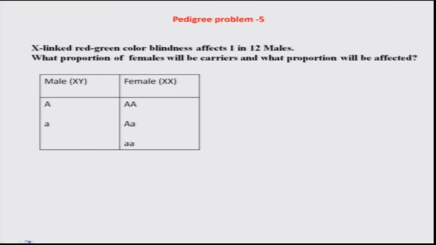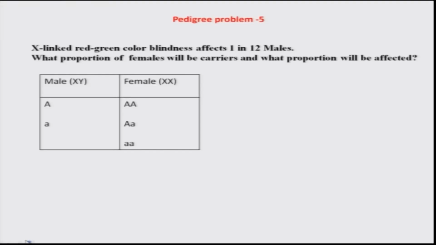So when it comes to males, the equations will change. There will only be one allele, either capital A or small a. However, in females, the genes present on X follow the similar one, that is p square plus 2pq plus q square is equal to 1.